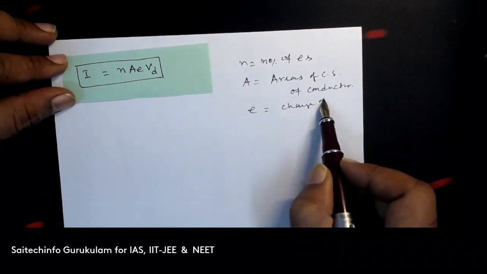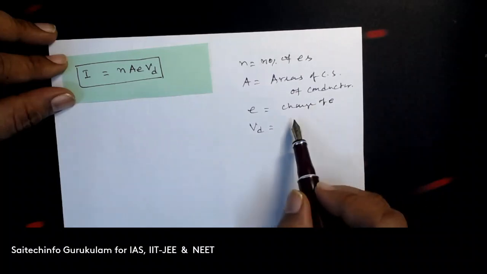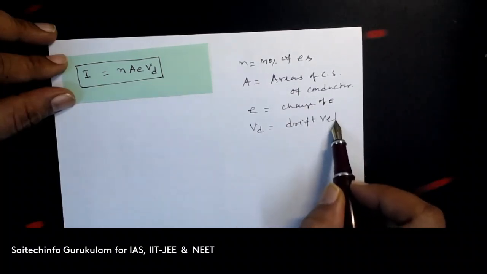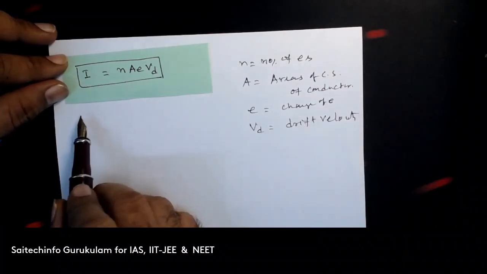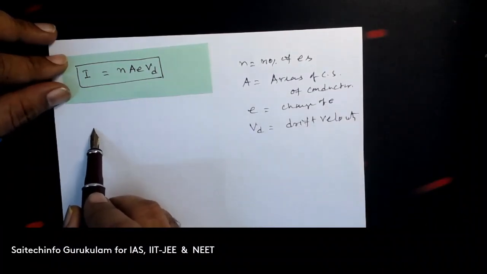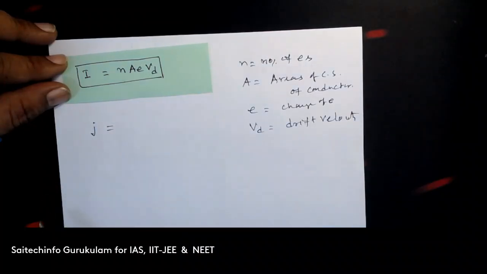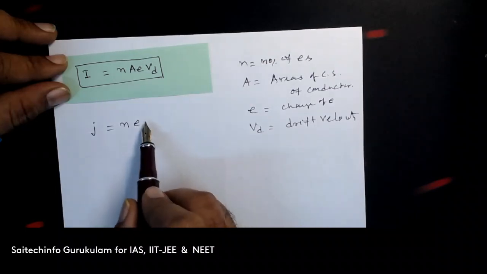Vd is the drift velocity. And we can also express the current density J in terms of drift velocity, that is n e Vd.